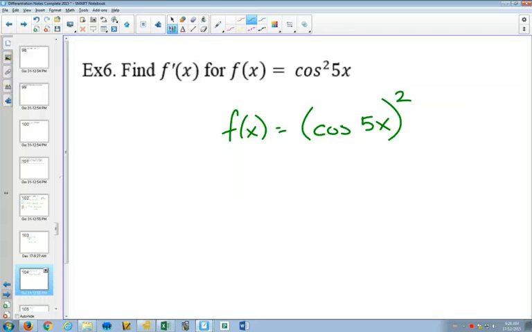Then when we go inside, our next function is cos. But when we look inside of cos, we see another function, which is 5x.